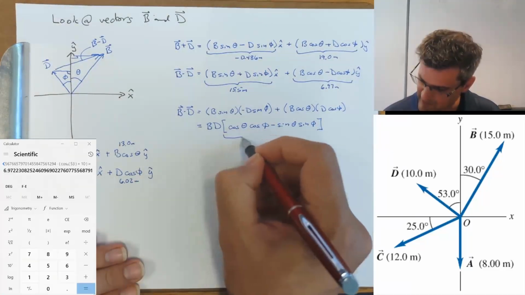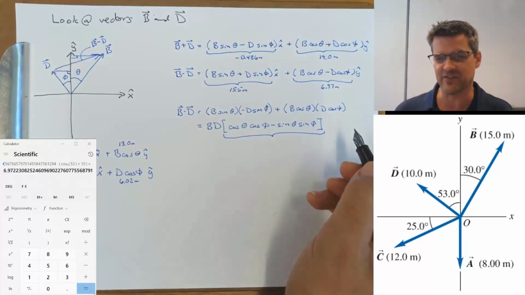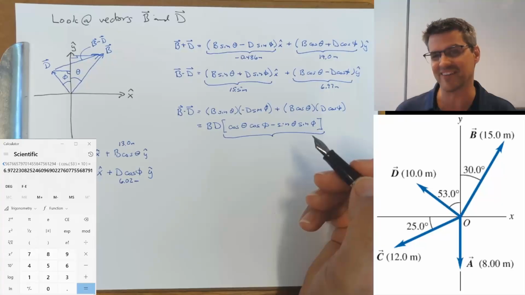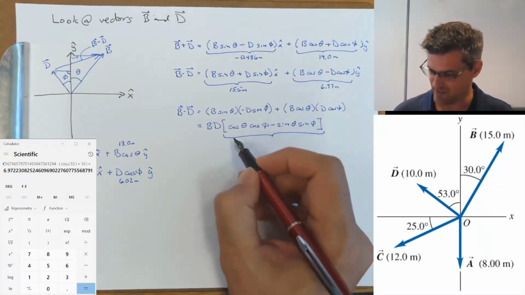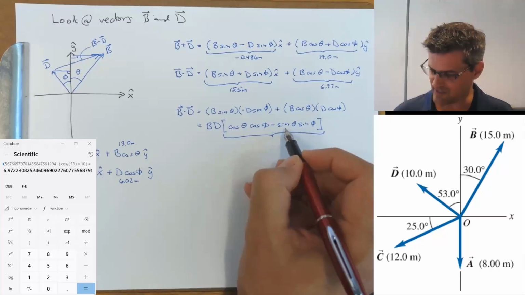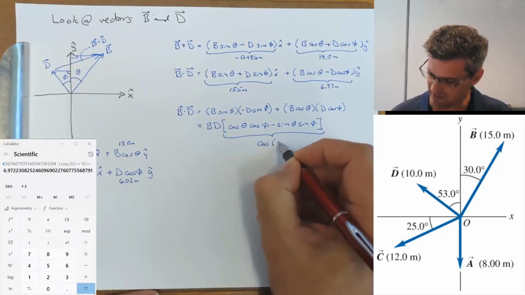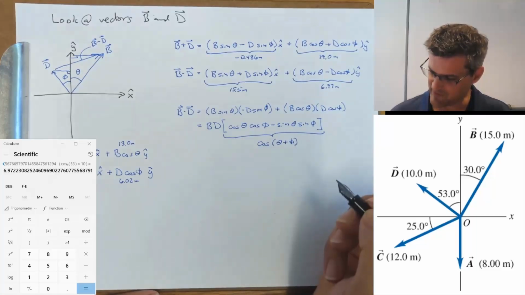Now you guys might not remember the trigonometric yell, but the trigonometric yell being sine, cosine, cosine, sine, cosine, cosine, sine, sine, sine, is how we know how to work with this. This is the cosine of theta plus phi.